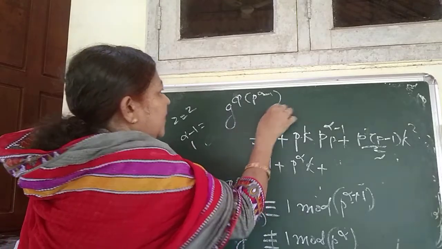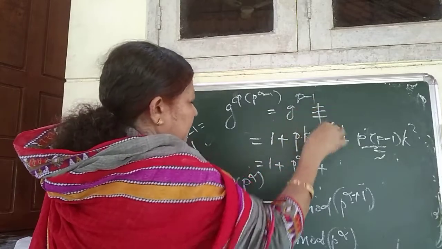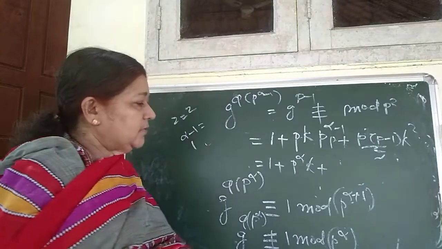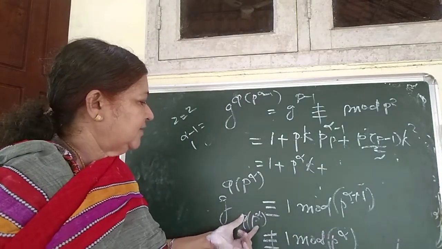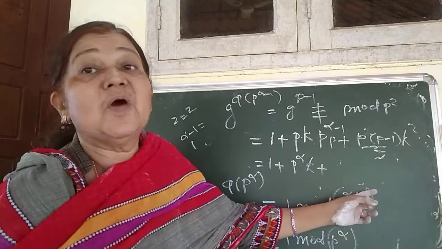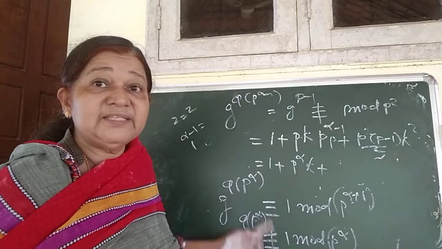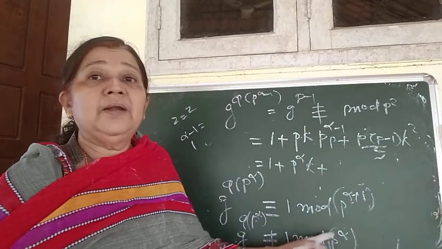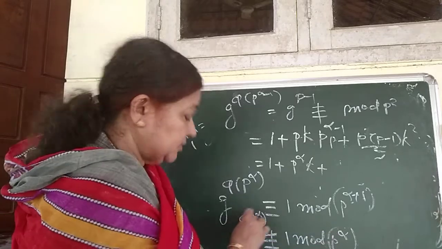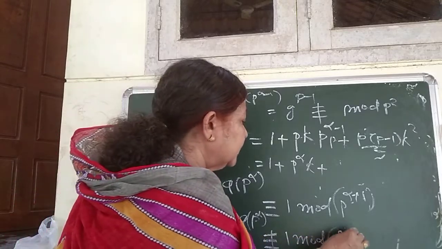Therefore, g raised to phi of p, that is g raised to p minus 1, is not congruent to 1 mod p square. So, for p square it is not satisfied. Then we have seen that phi of p raised to alpha is congruent to 1 mod p raised to alpha plus 1. Therefore, g raised to phi of p raised to alpha is not congruent to 1 mod p raised to alpha.